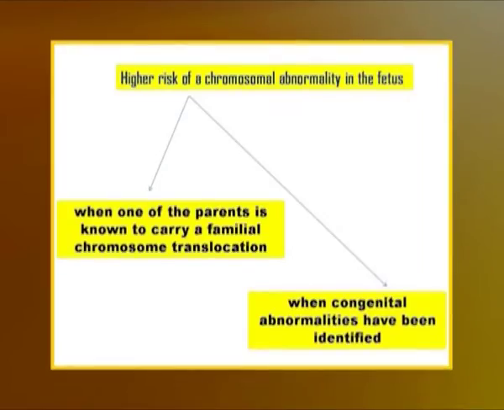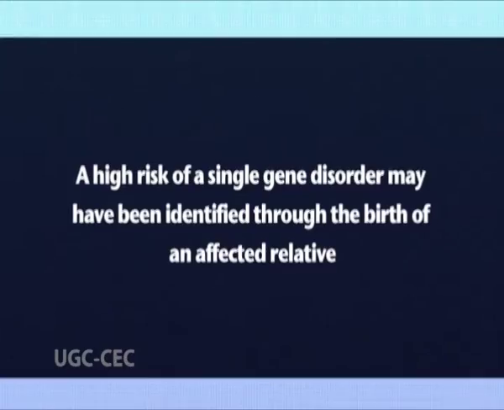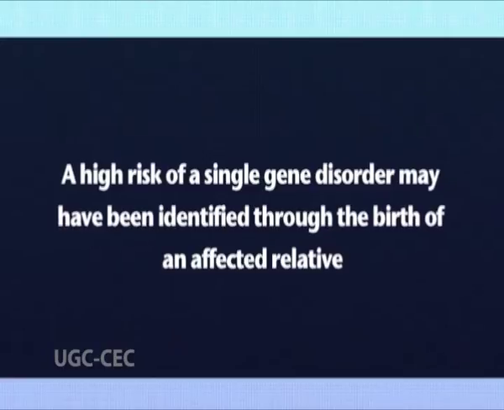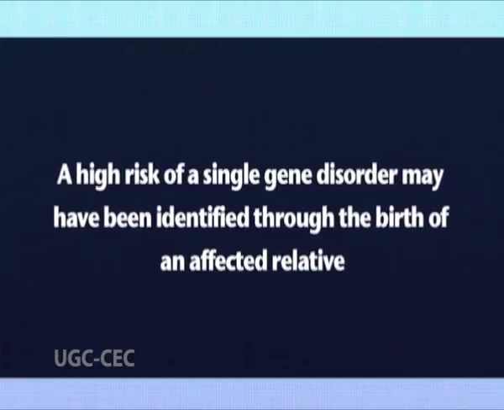There is a high risk of a chromosomal abnormality in the fetus when one of the parents is known to carry a familial chromosome translocation or when congenital abnormalities have been identified by prenatal ultrasound scanning. In other families, a high risk of a single gene disorder may have been identified through the birth of an affected relative.